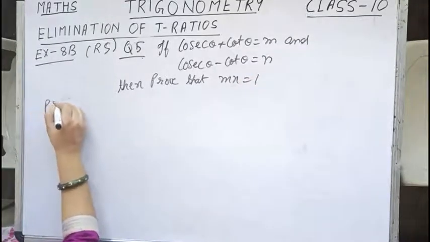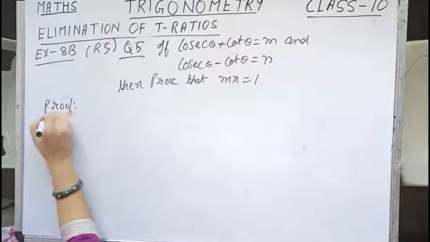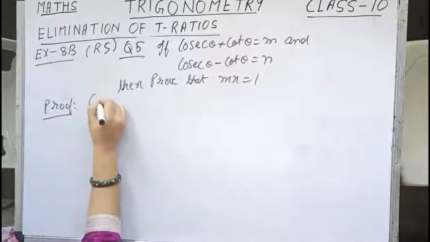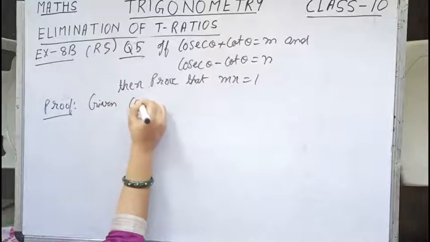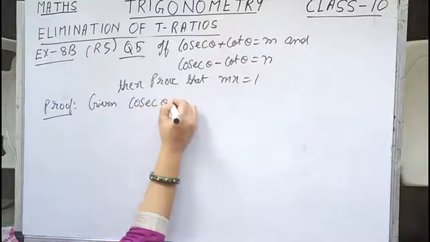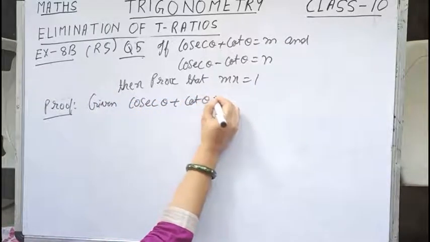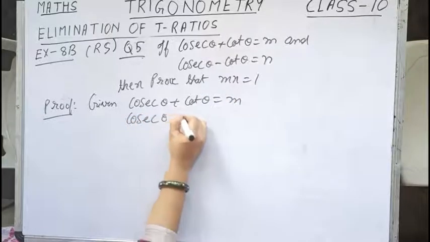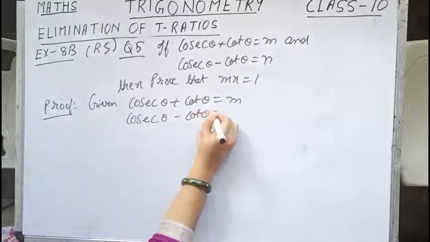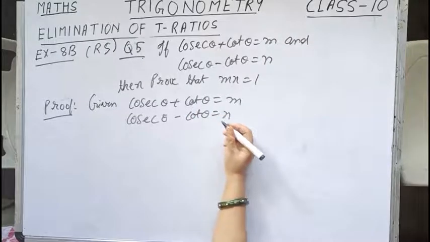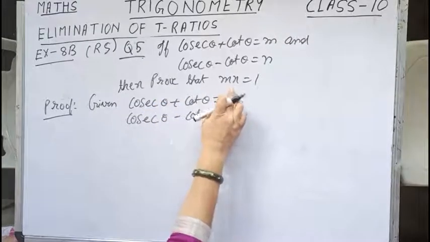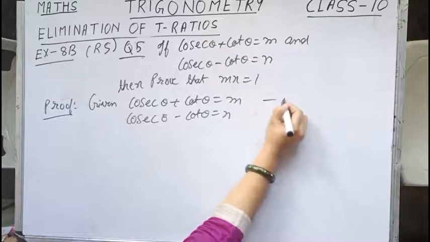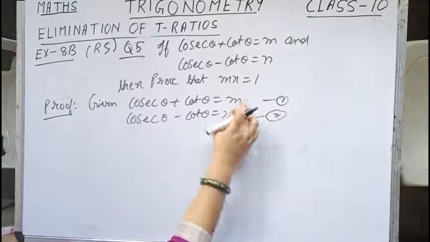So in the proof part, given, first you will write cosec theta plus cot theta equals m and cosec theta minus cot theta equals n. Now in the proof part we have to get mn. So let us make it 1 and 2, we need mn.